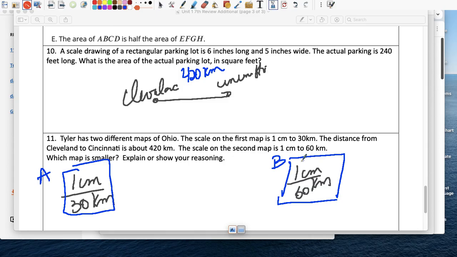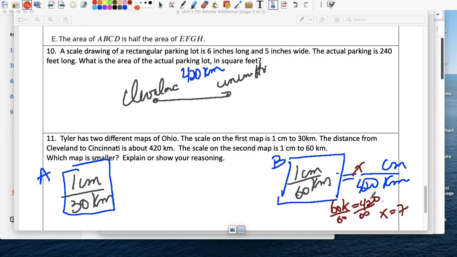So let's try both. Let me write centimeters and kilometers. If I wanted to do 420 kilometers, cross multiply: 60x equals 420, divide by 60, x equals 7. So using the scale 1 centimeter to 60 kilometers, I only need 7 centimeters. But what if I use the scale that doesn't represent as many kilometers?